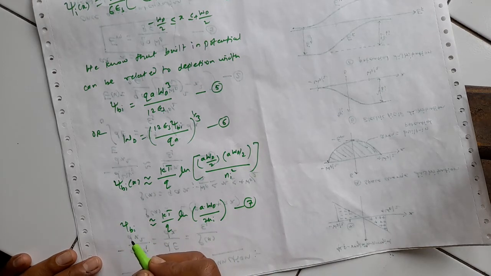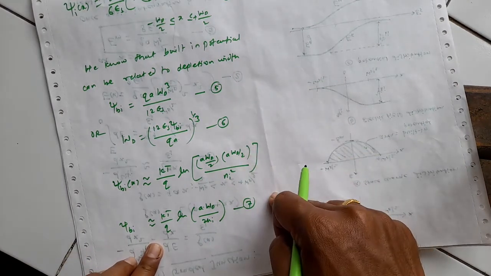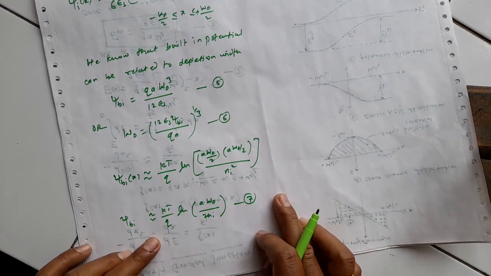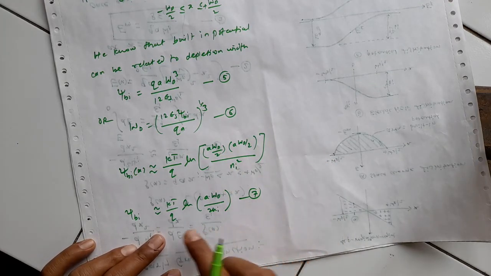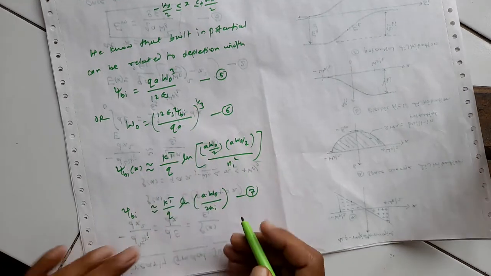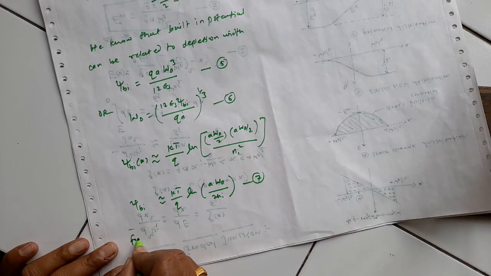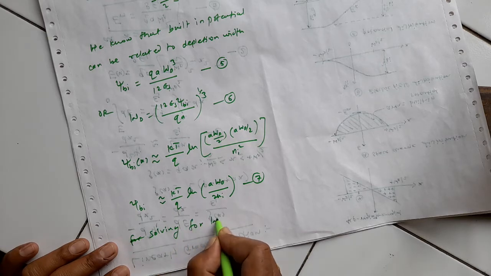From the above, equation number 6 and 7 can thus be used to solve for W d. We can substitute the value of psi b I in equation number 6 and solve for W d.